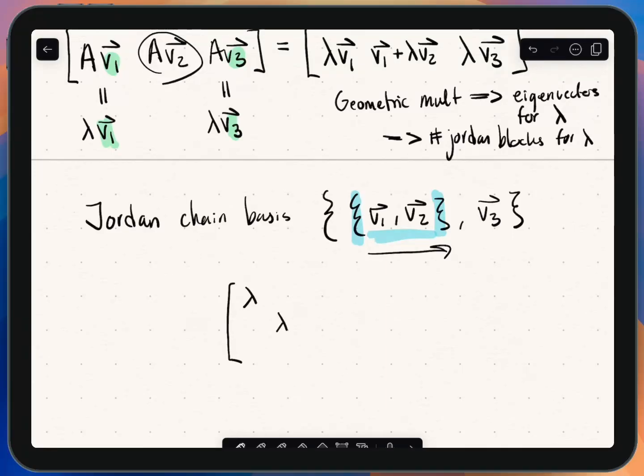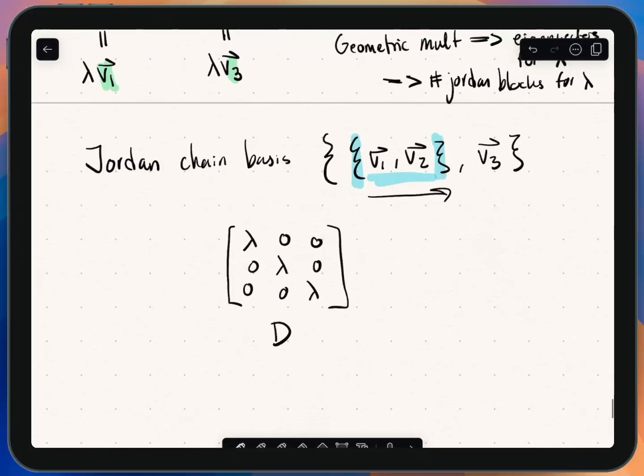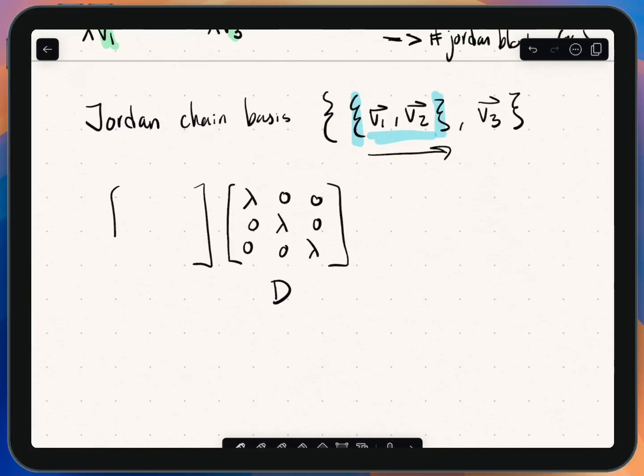We would just have 1 chain, 1 block for each eigenvector. And voila, now we have our diagonal matrix as we had before. We would have our full set of eigenvectors right here, we would say it's invertible, and we would be able to move on.